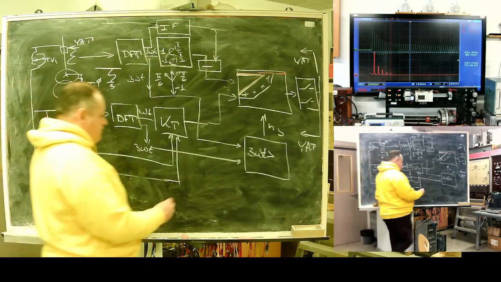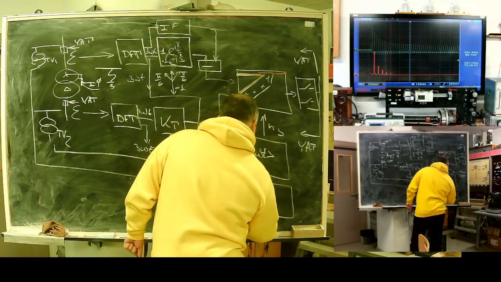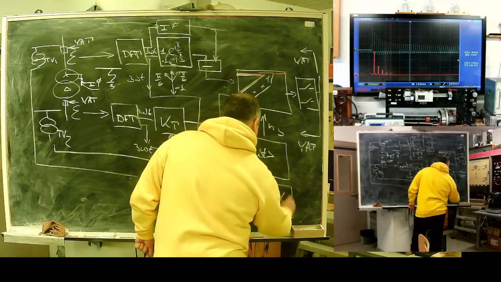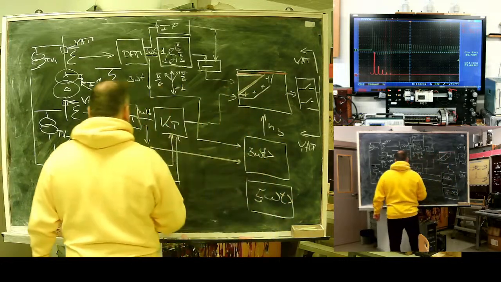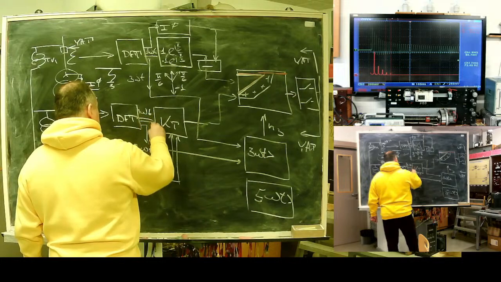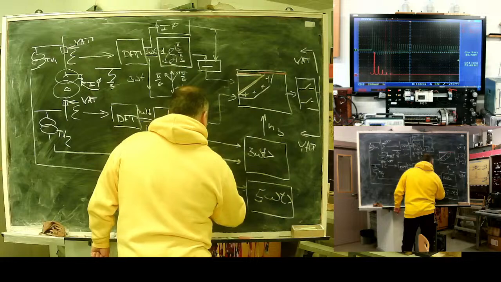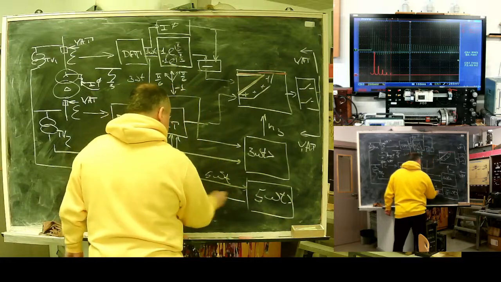May also have, so it means this needs to produce 5 omega currents.